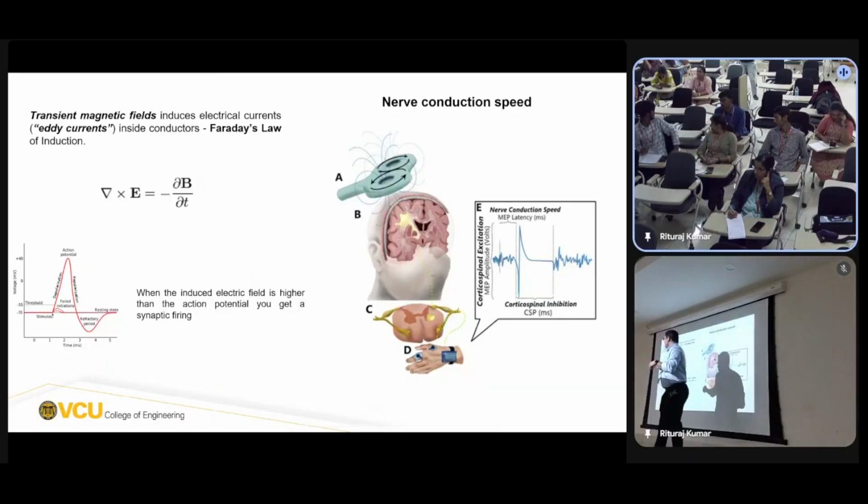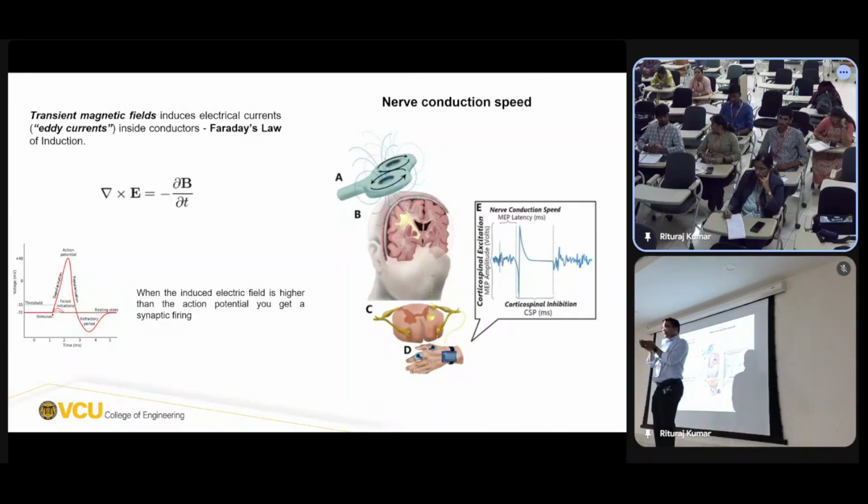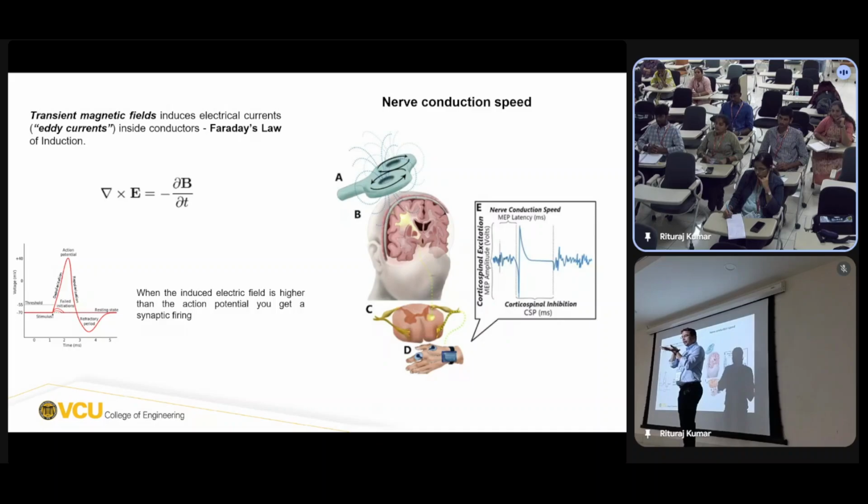The potential difference between the inside of the cell and the outside of the cell is minus 70 millivolts. That is the resting potential of the neuronal membrane. It always stays like that, but if you decrease this potential to minus 55, then it starts to fire. That is the threshold potential to make a neuron fire.